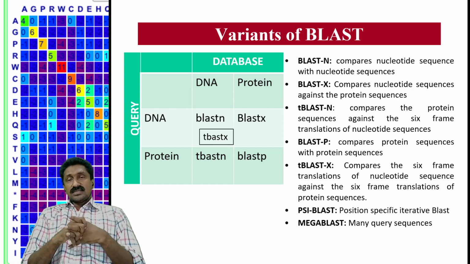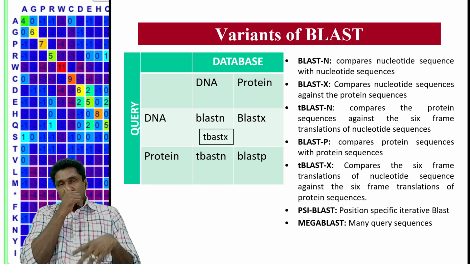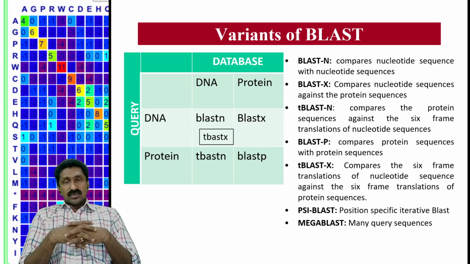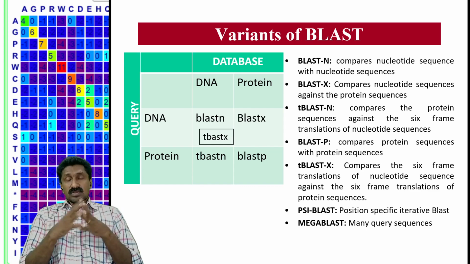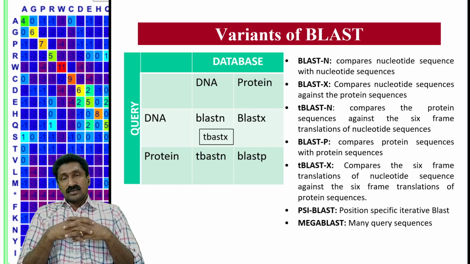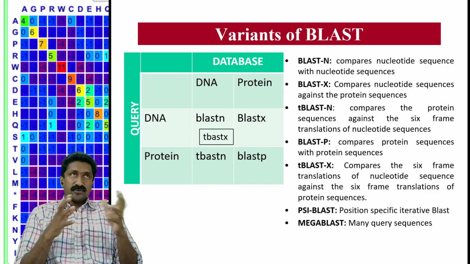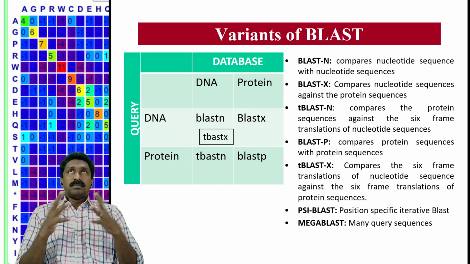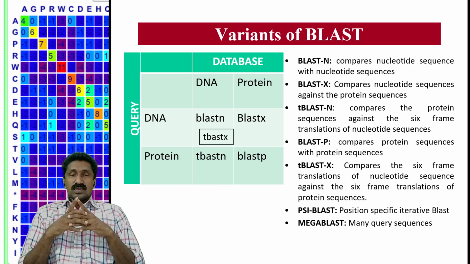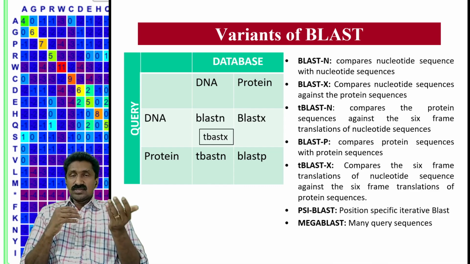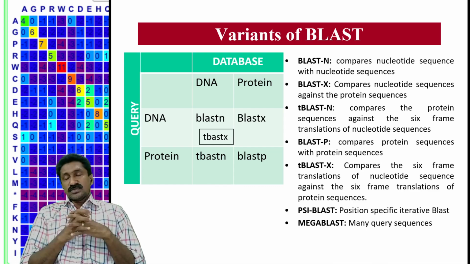And MegaBLAST is another one, in which we are comparing many query sequences, and highly homologous sequences will be compared with MegaBLAST. Usually, the default option of BLAST is MegaBLAST, in which you assume that your sequence will have a highly similar or exact sequence match present in the database.